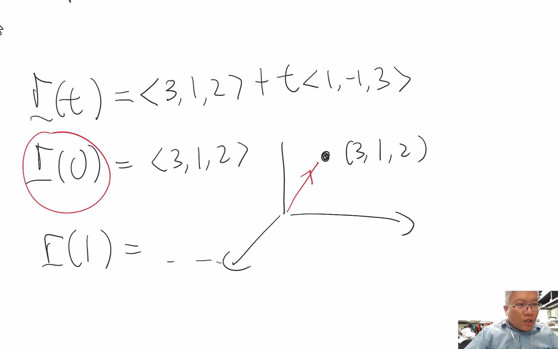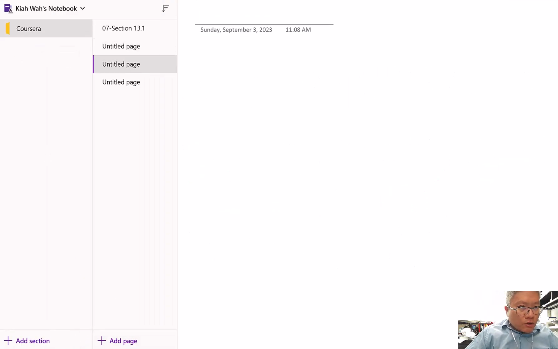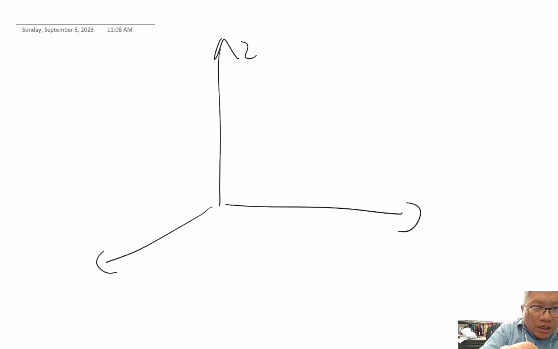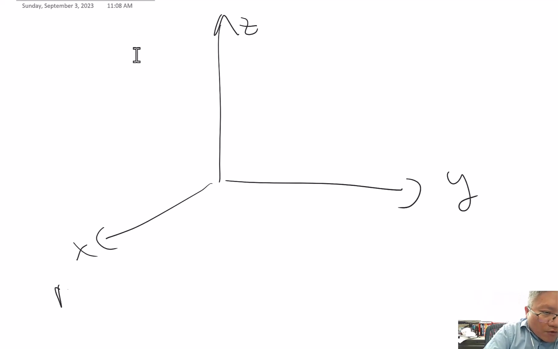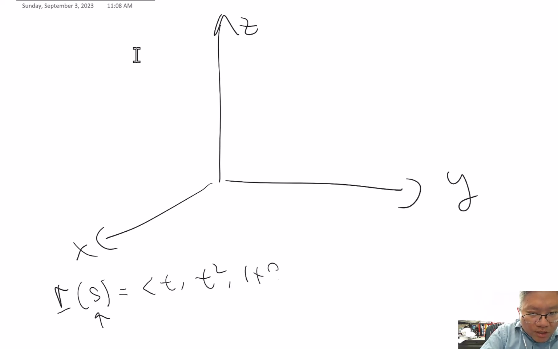Okay, so now in general, it doesn't have to be a straight line, but we can interpret our vector value functions like this. If you have an r, it doesn't have to be t either. This can be just a number, represented by any dummy variable. So let's say I have t squared and then 1 plus sine t.